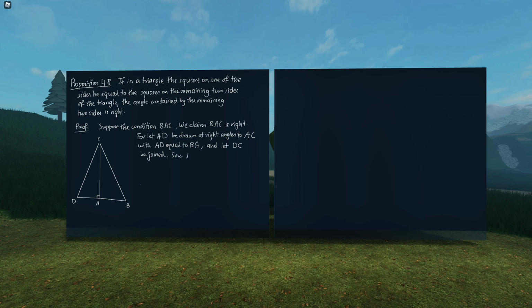Since DA is equal to AB, so we're going to relate these two triangles, right? Since DA is equal to AB, the square on DA is equal to the square on AB.